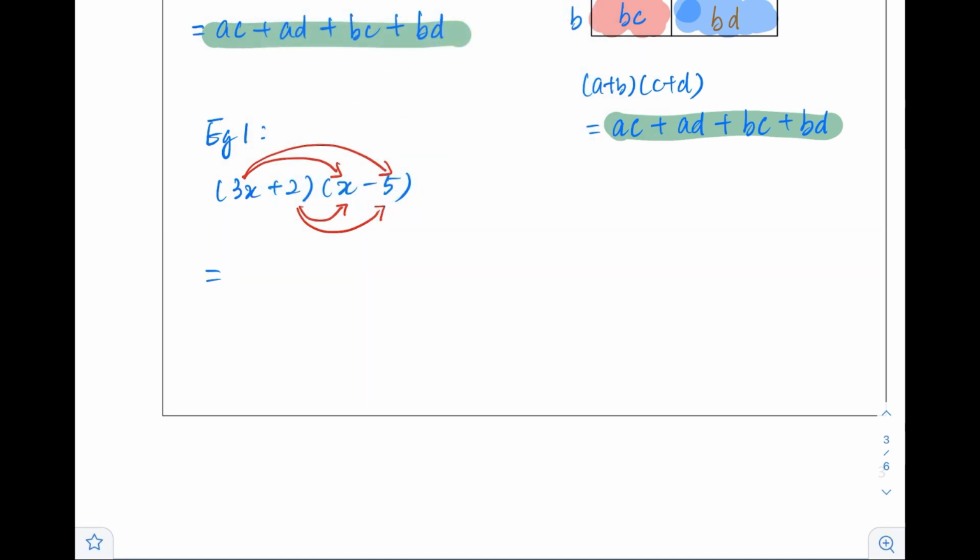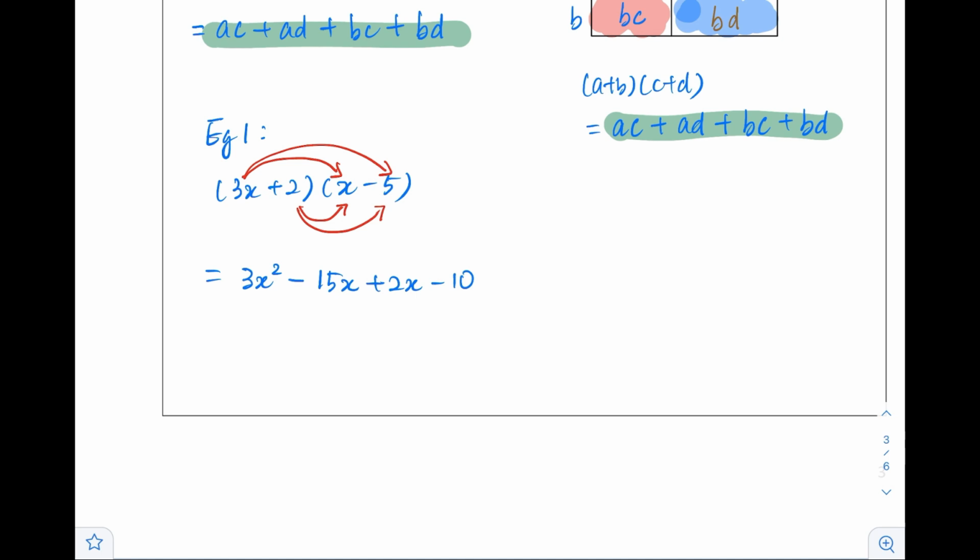Okay, I will have 3x times x is 3x squared. 3x times negative 5 is negative 15x. 2 times x is 2x. And 2 times negative 5 is negative 10.